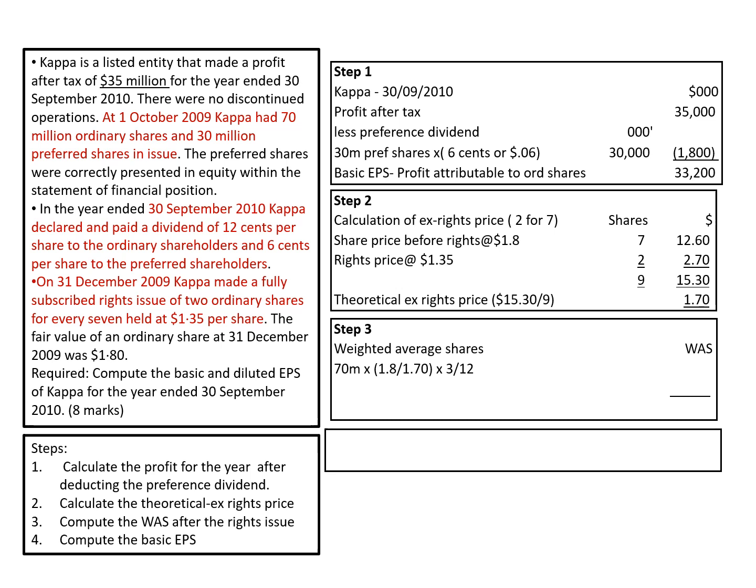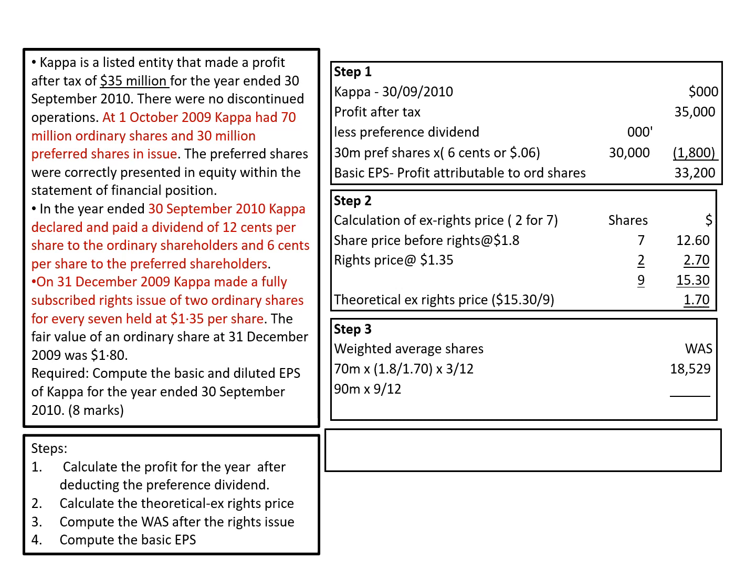Step 3, work out the weighted average shares. So we had 70 million shares, which has to be adjusted prior to the rights issue by the adjustment factor, which is the share price before the rights issue of $1.80 divided by the share price after the rights issue, which is $1.70, and then you apportion for the time factor, which is 3/12, to give us 18.529 million.